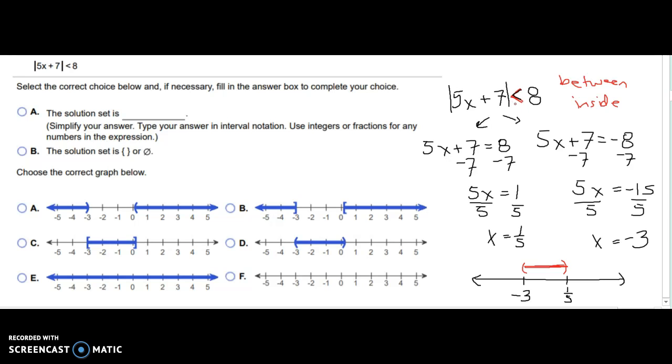If it had a line underneath, they would get brackets. So it's only between negative 3 and positive 1/5, which is choice D. The interval would be parentheses negative 3 to positive 1/5. So less than is between for absolute value. Greater than is outside for absolute value.